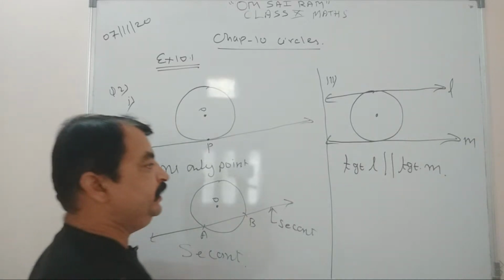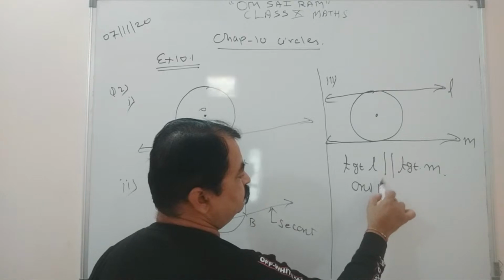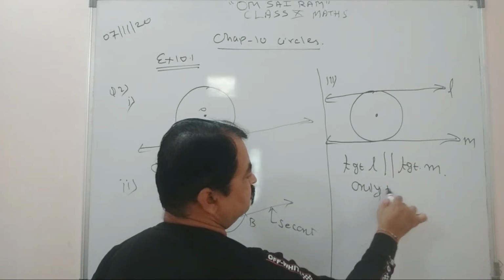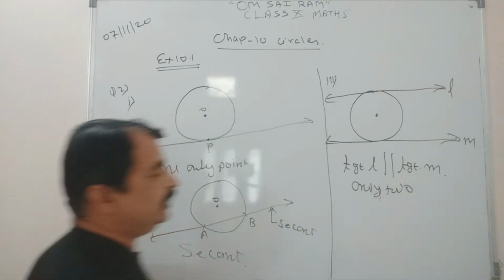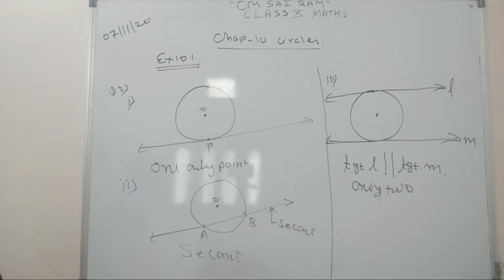So we write here only two tangents. Only two tangents will be parallel at the most. Right, children?